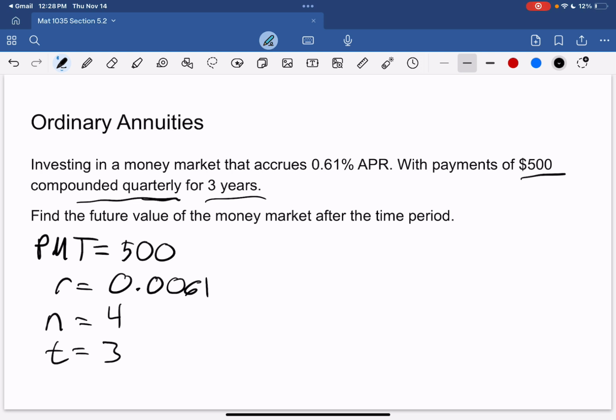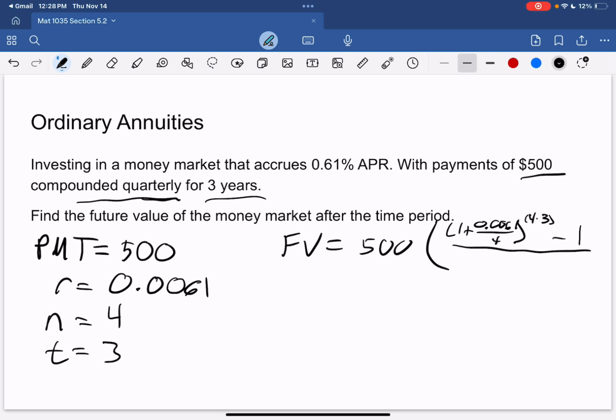All right, so then I can just plug everything into that formula. So I have 500 times 1 plus my R over N, 0.0061 over 4, raised to the N times T, so 4 times 3, minus 1, all divided by 0.0061 divided by 4.